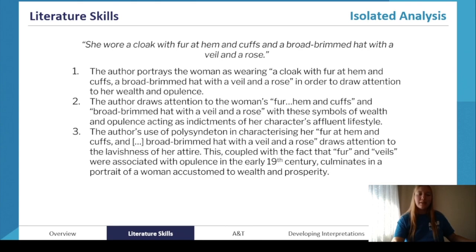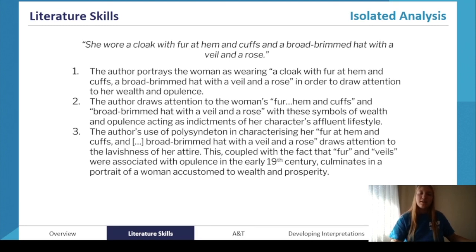And then the third one: the author's use of polysyndeton in characterizing her fur at hem and cuffs and broad-brimmed hat with veil and a rose draws attention to the lavishness of her attire. This, coupled with the fact that fur and veils were associated with opulence in the early 19th century, culminates in a portrait of a woman accustomed to wealth and prosperity.